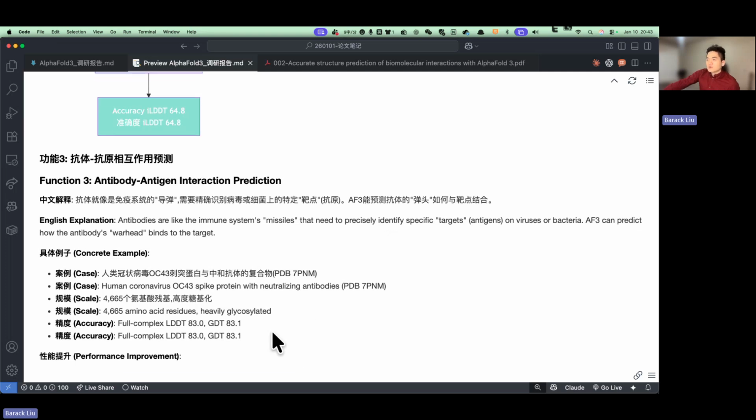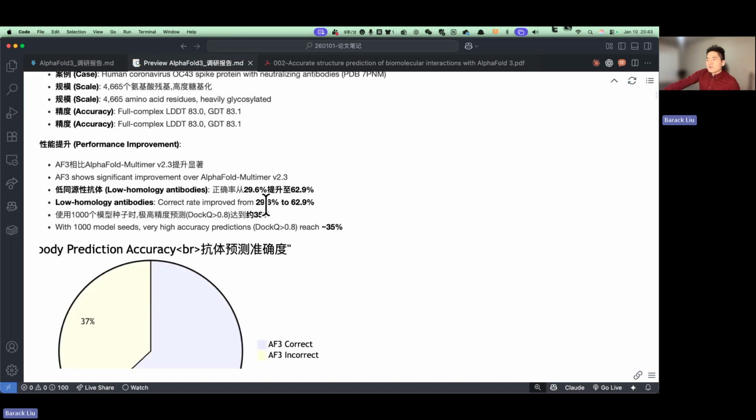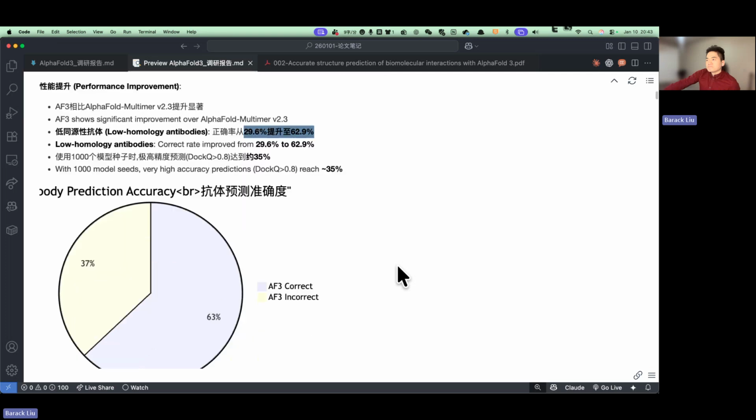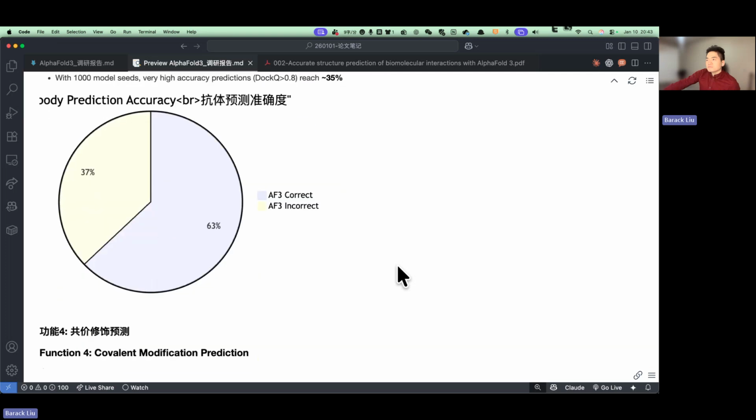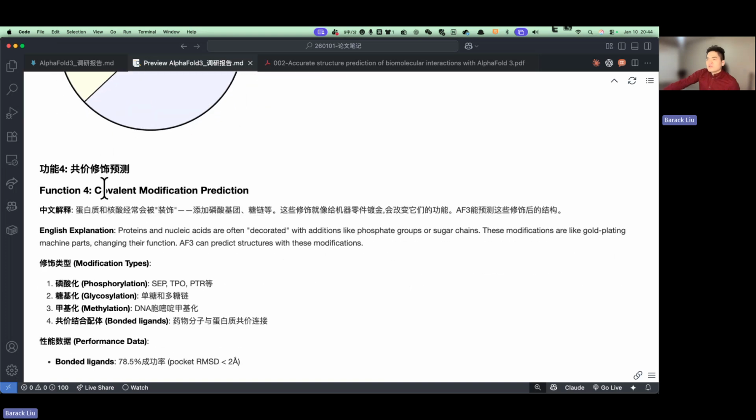Accuracy, full complex. Performance improvement: almost doubled. More than doubled. That's insane.